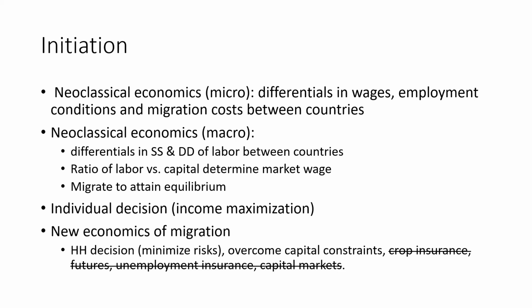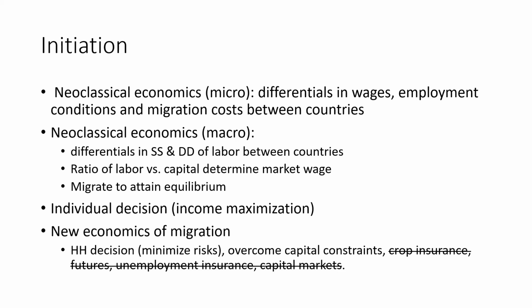And at the macro level, the new classical economics theory also focuses on the ratio of labor versus capital when determining market wage. So when there is more labor when compared to capital, wages are going to be low in that location. When there is an excess in capital and a shortage of labor in the location, wages are going to be high.